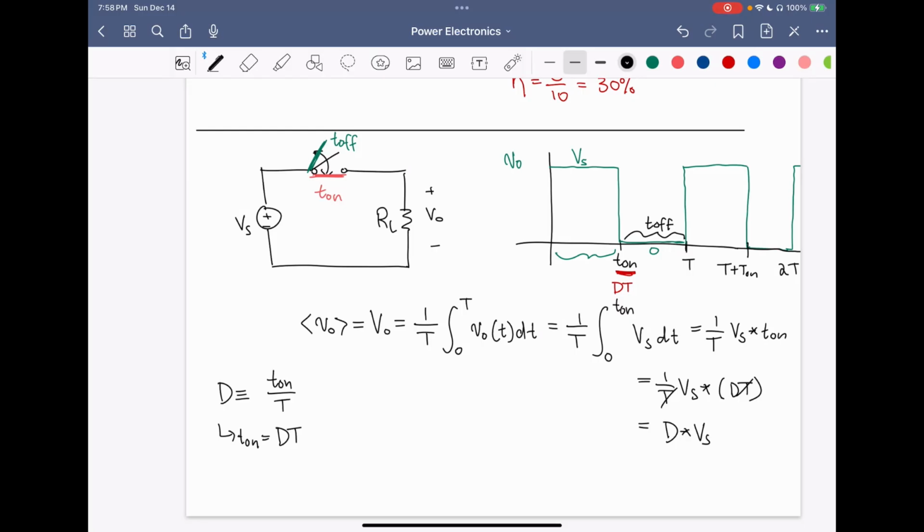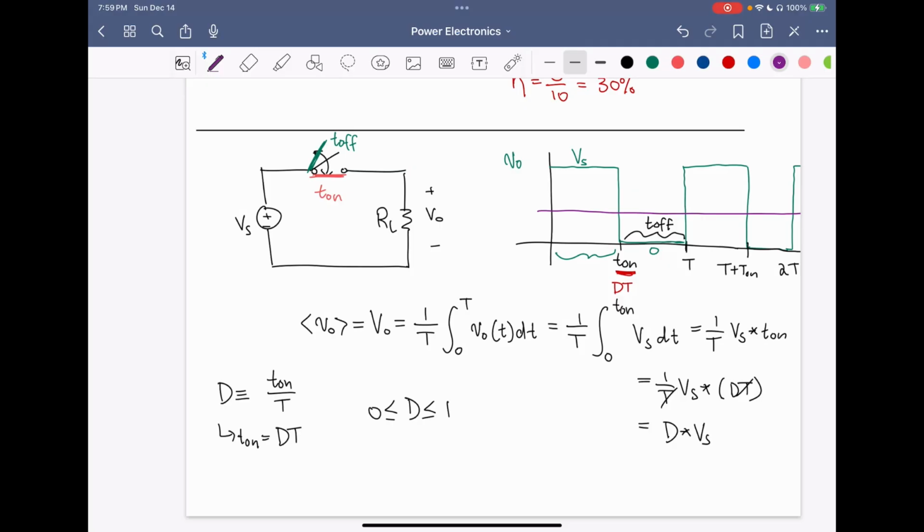So therefore, the DC component we have found, and this value of D is always between 0 and 1. What that means is the DC component is going to be some value like this.